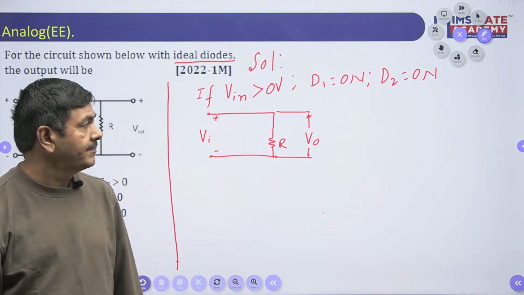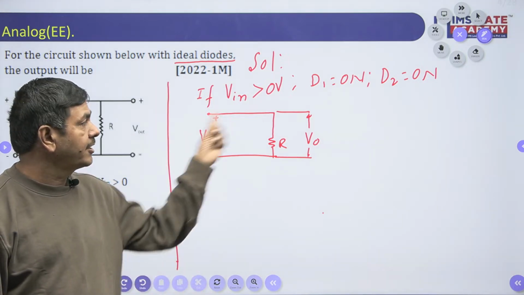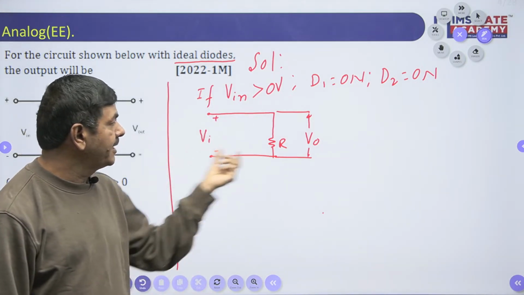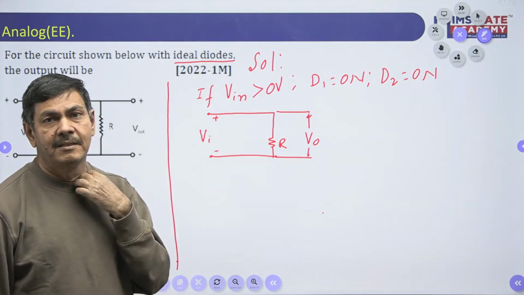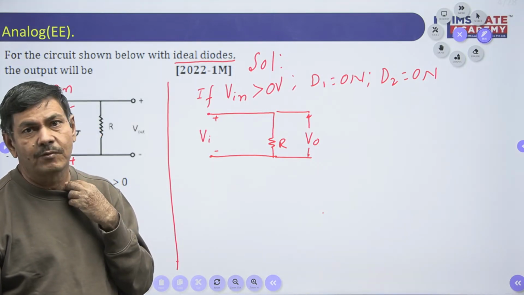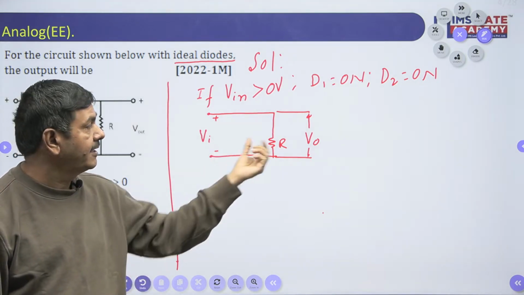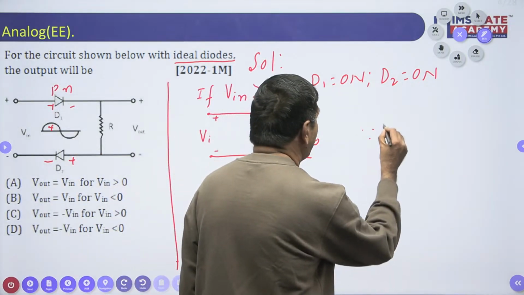Anybody can respond? If both diodes are forward bias, they are replaced by a short circuit. Those two are replaced by a short circuit, and resistance R is connected here. Can you say what V naught I can get from the given network? V naught equals Vi only. I will get V naught equal to Vi.